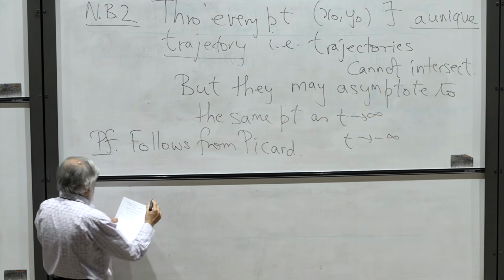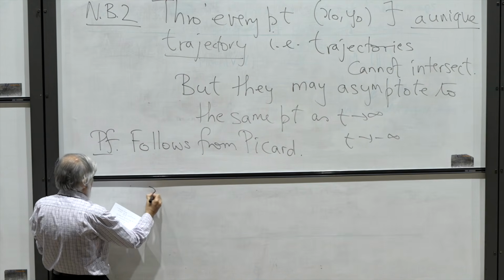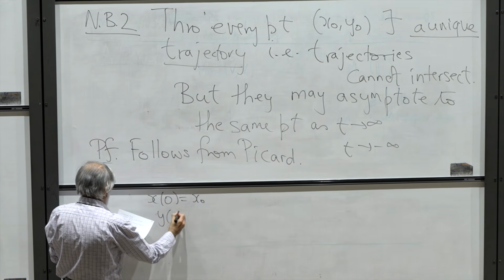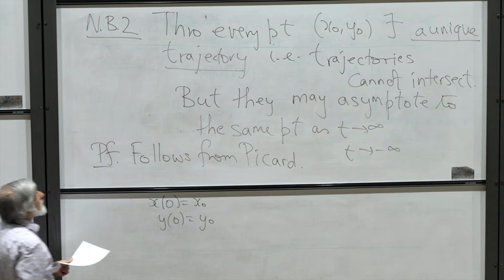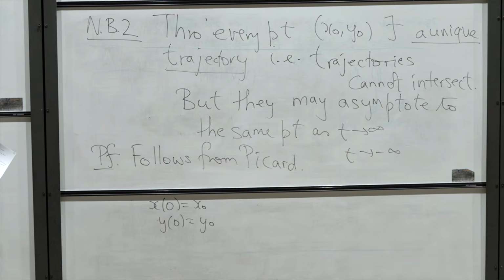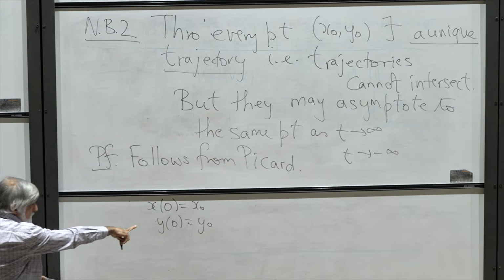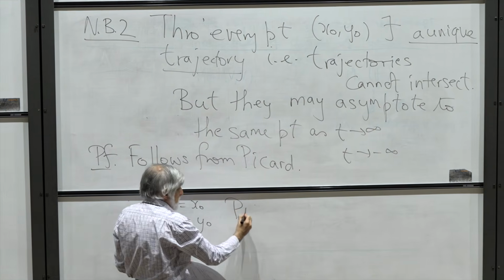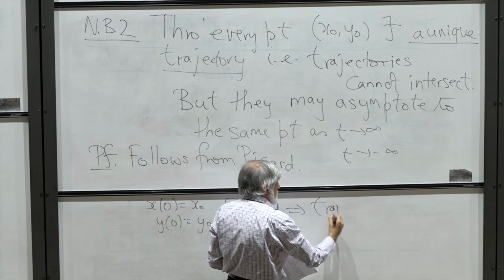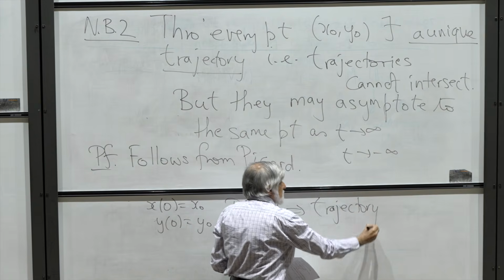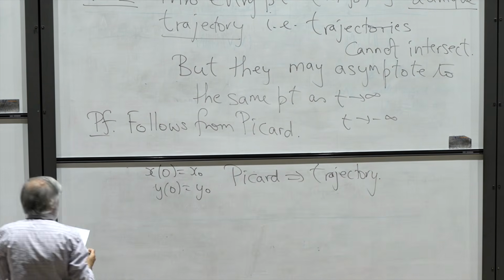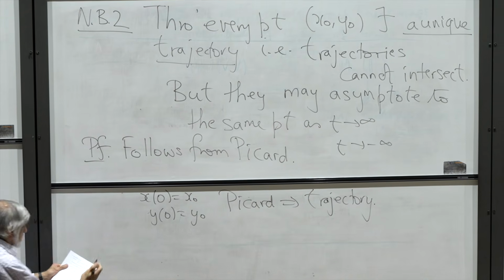Okay? And simply because we start off, first of all, we have to show that there is a trajectory. Well, if we start off with this as initial condition, then Picard implies there's a solution. So there is a trajectory. Is it unique?